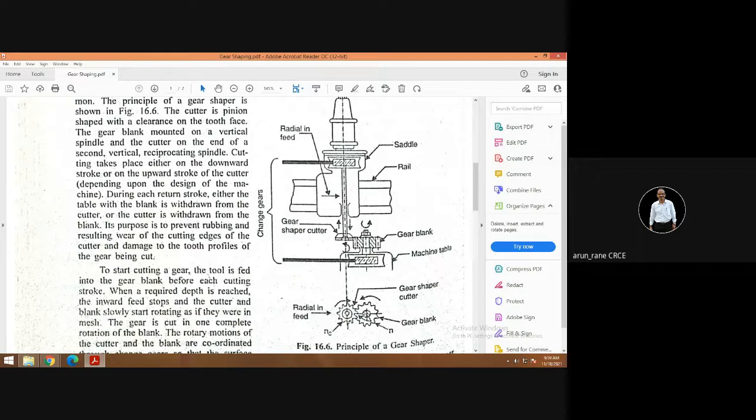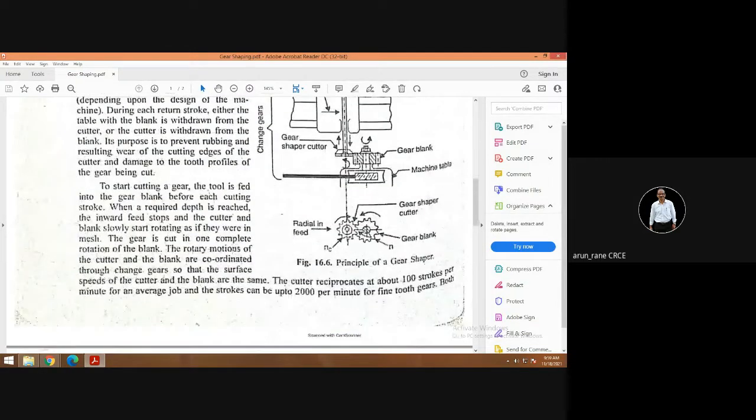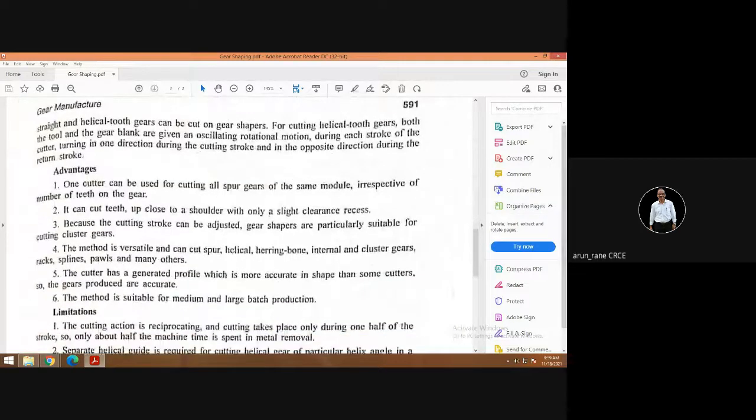So the mechanism is: the blank is rotating, the gear shaping cutter is rotating, the cutter reciprocates up and down, as well as moves inside radially. That is called the radial feed. So you can draw this diagram to explain the gear shaping phenomenon.